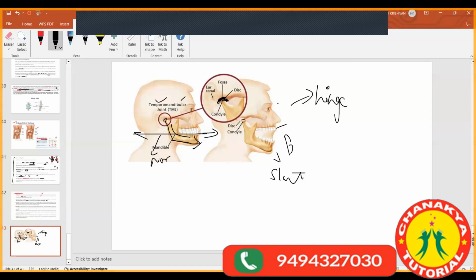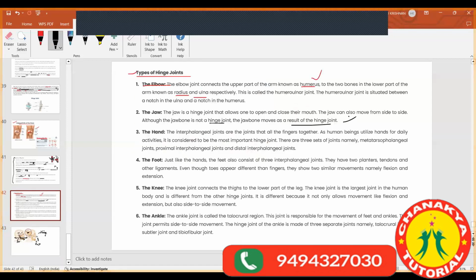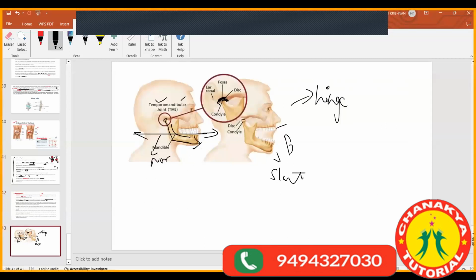You can say the jawbone can move as a result of the hinge joint, because the joint is something very small, present in this part. Because of that only you can move the jaw. Understood? Understood, ma'am.